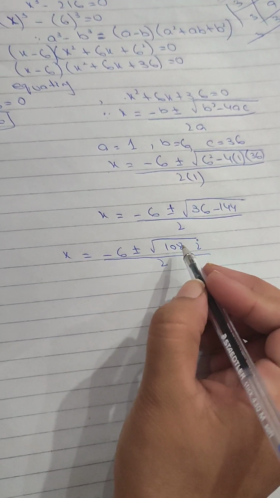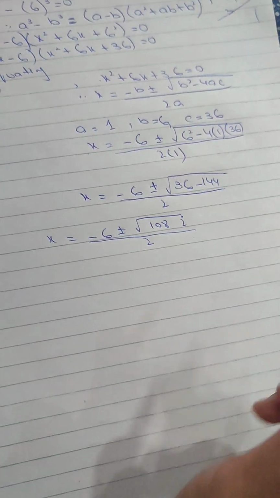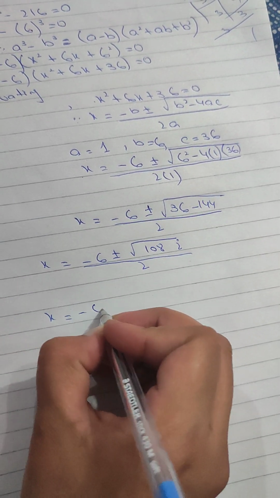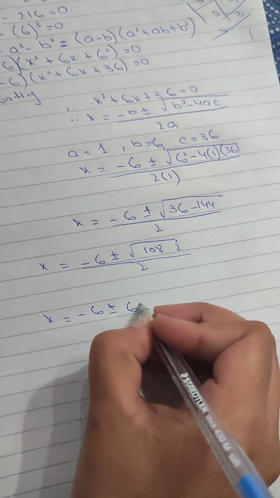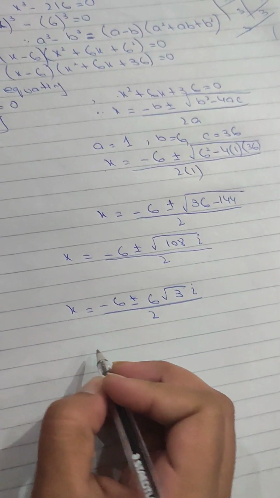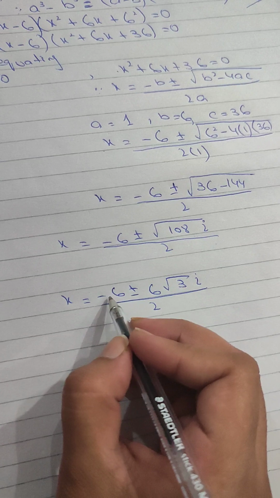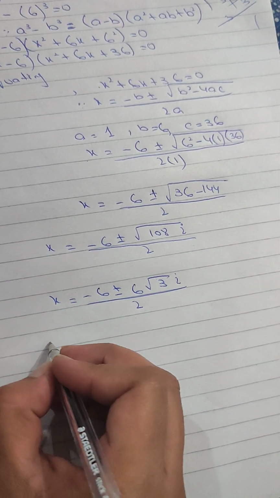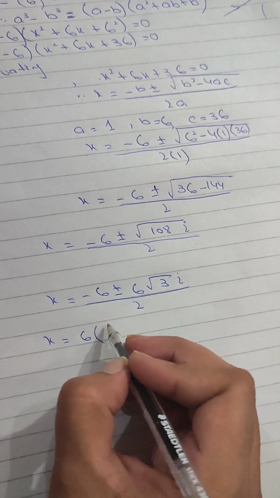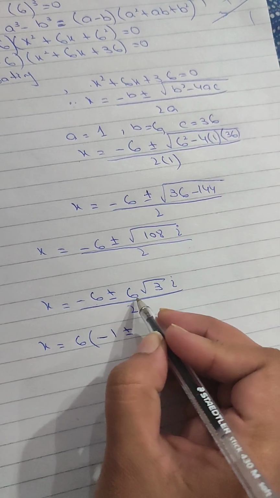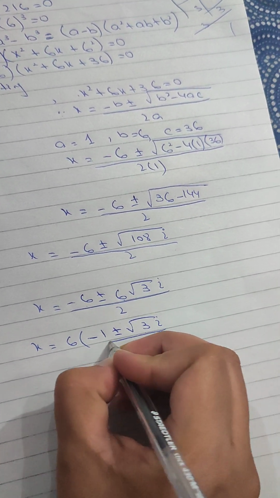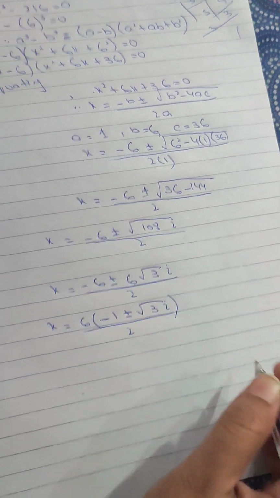Now we have to take the square root of 108, and the square root of 108 is 6 under root 3 iota, upon 2. Now again you can see we can take 6 common from the numerator. After taking 6 common, it will be minus 1 plus minus root 3 iota left, and the denominator is 2.